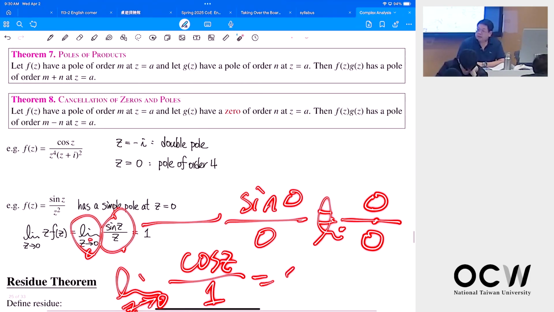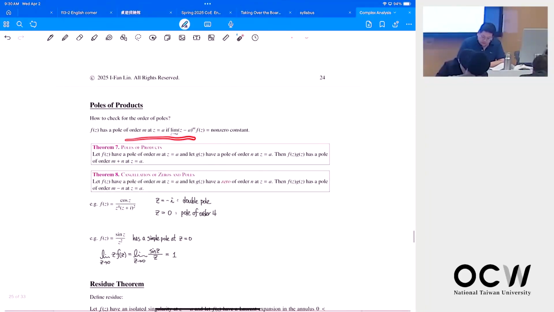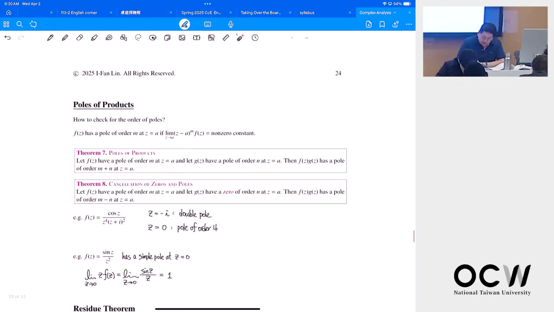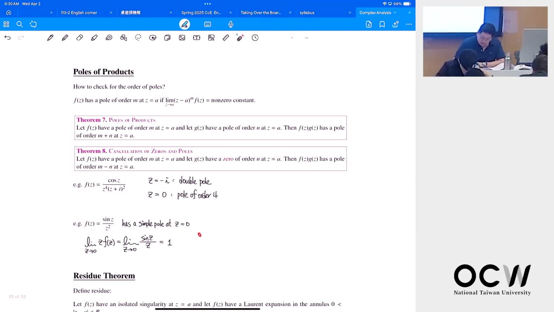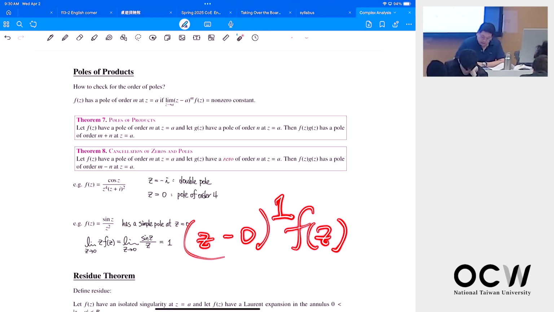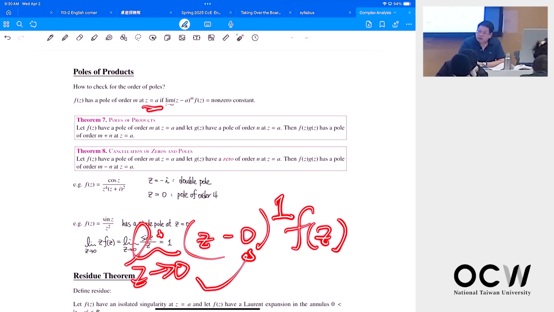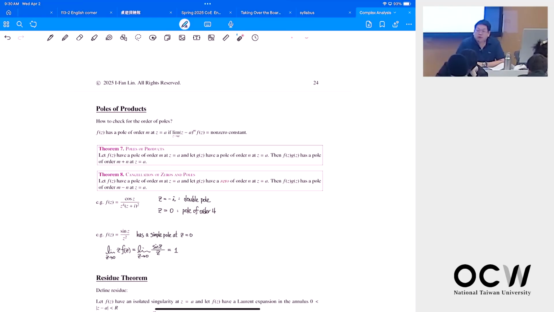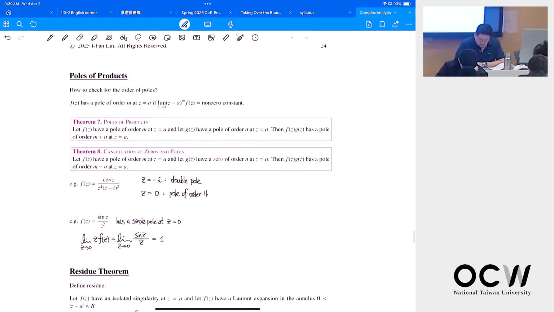Then we get 1, right? I need to check the order of poles. How do I check? This will be z minus 0 to the 1 times f of z, and take the limit, z goes to 0. Now my a is 0. Okay. If you don't have any questions, then we will move on to residue theory.